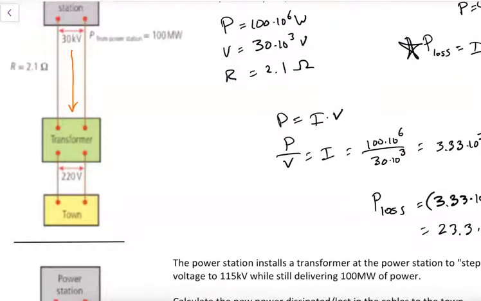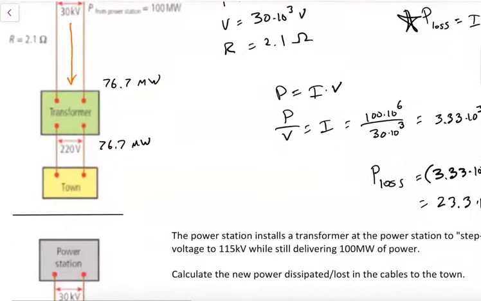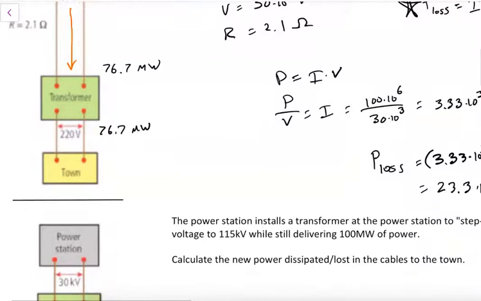So 100 megawatts at the power station, there's some power loss here, right? 23.3. So you'd have something like 76.7 megawatts left. And then that means through the transformer, there's still 76.7 megawatts. So although our voltage is stepped down, that means that when it gets here, the current must increase to maintain the same power transfer.